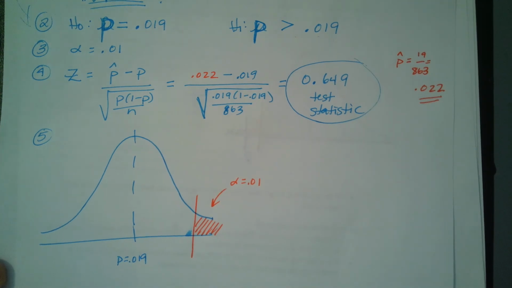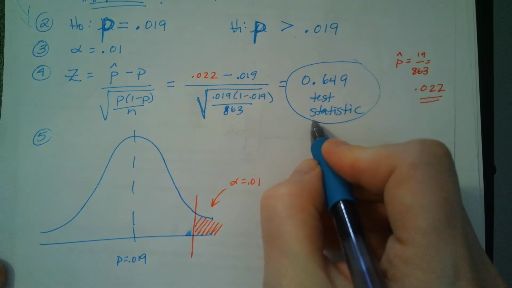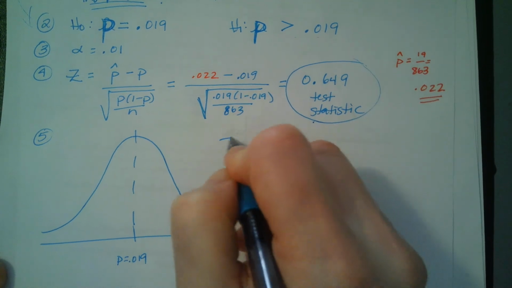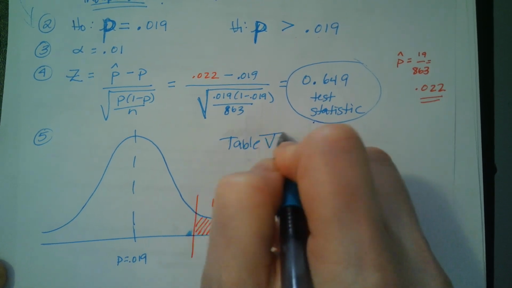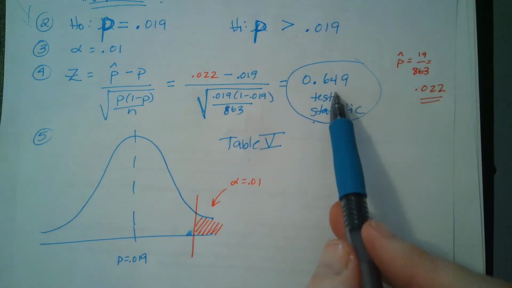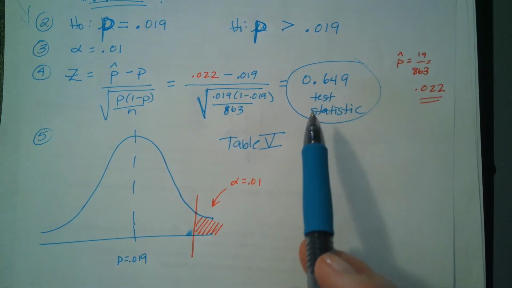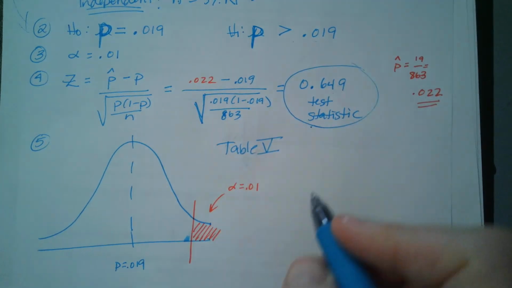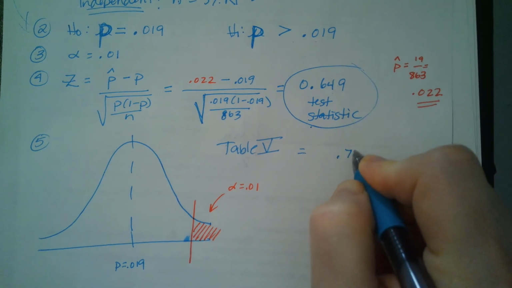So I have to first find the probability of this z-score. I'm going to go to table 5 and look up this z-score of 0.649. That would be closest to 0.65, and that's going to give me a probability of 0.7422.